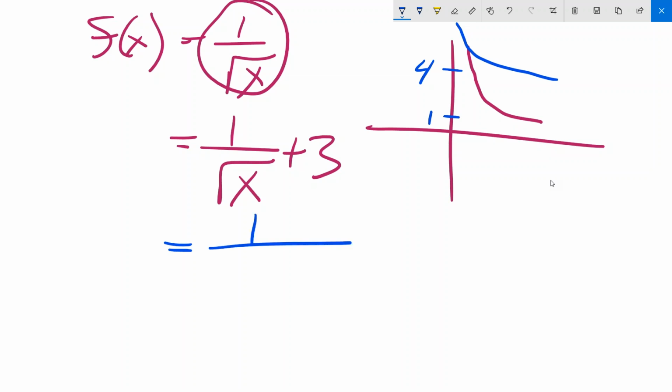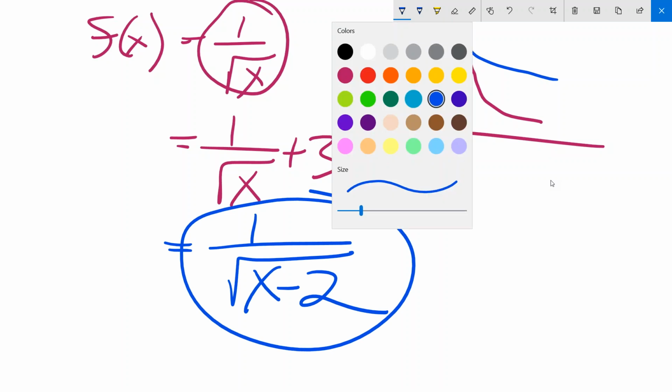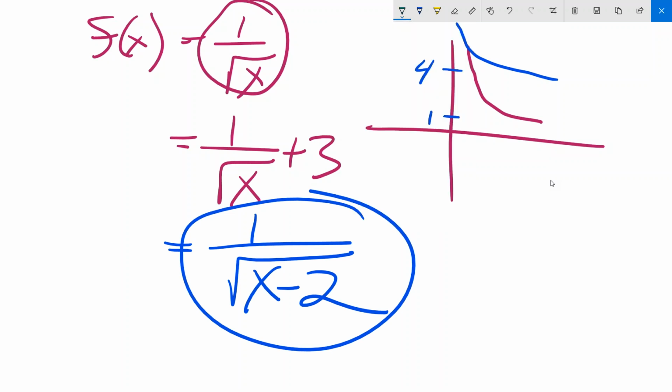I could also transform it like this, which is our original red function moved to the right by 2 units. So if I put a different color on that and graph it, it's basically that. So that the vertical asymptote would come at x equals 2 instead of x equals 0.